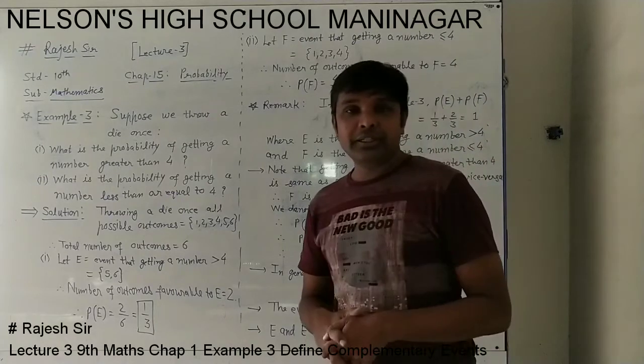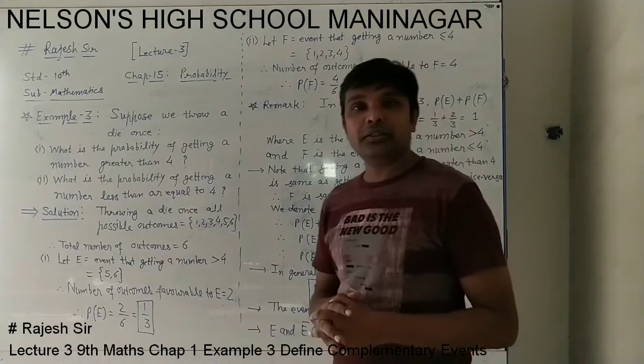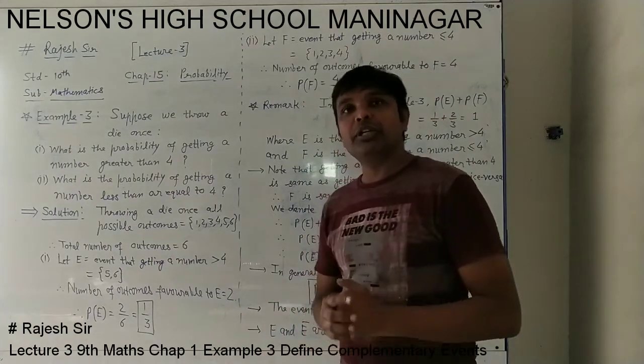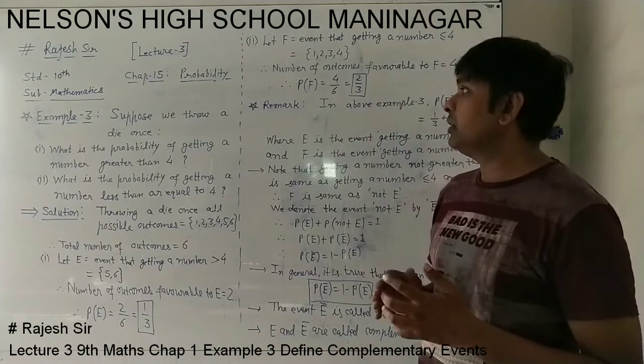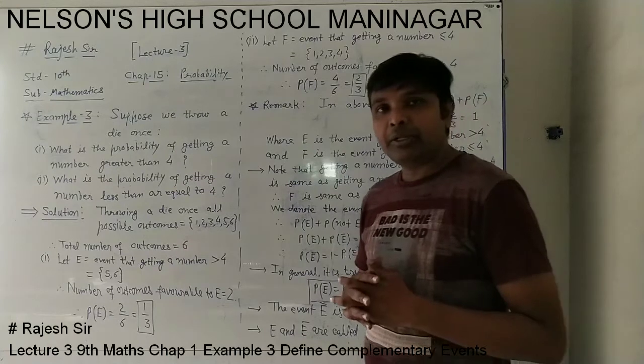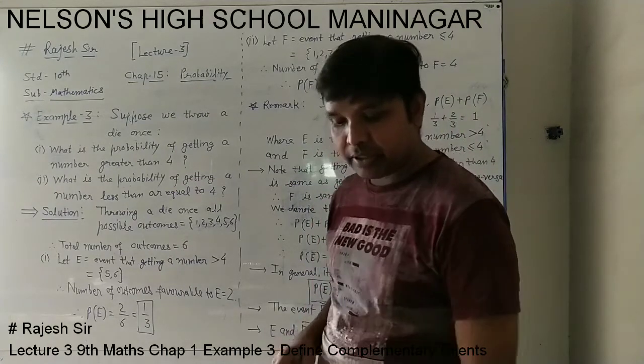Before this, we have seen in lecture 1 and lecture 2, examples 1 and 2, with that the probability or theoretical approach definition we understood. In example 2 we understood which type of events are called elementary events.